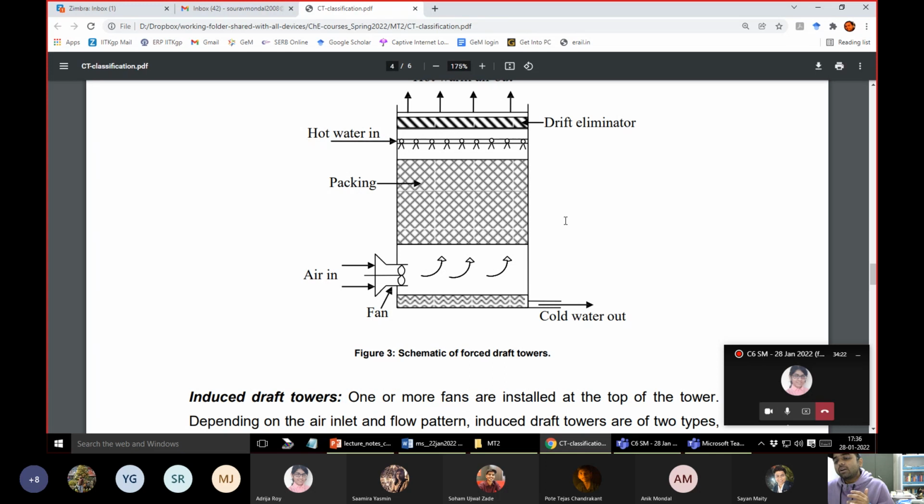In the case of forced draft towers, which is a mechanical type, you have a fan at the entry of your air path or the air inlet. So it takes in more air by suction. It's like if you place a table fan at the front of this tower where the air goes in.